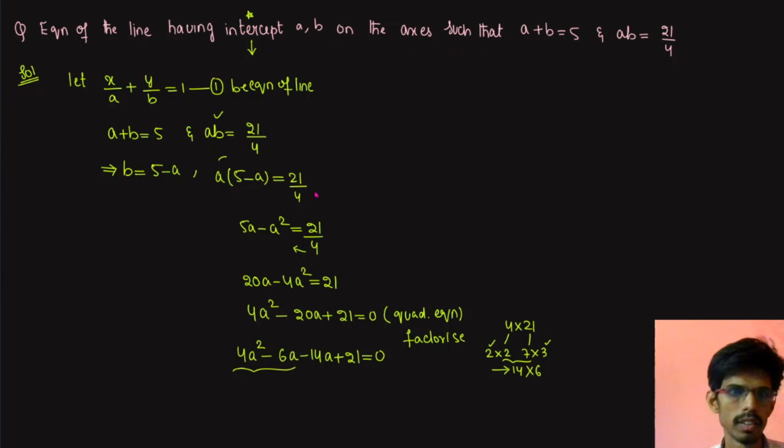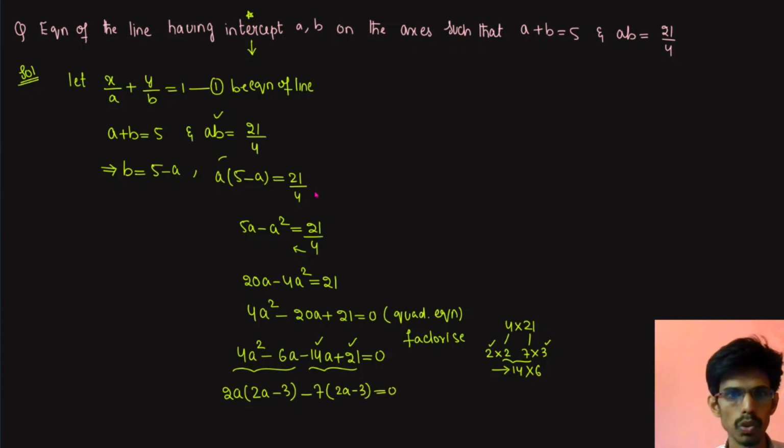Now take common from these two terms. 2 is common and a is common, so 2a is common, so this will become 2a minus 3. In these two terms, 14 and 21, 7 is common, so taking minus 7 common, I'll get 2a minus 3.